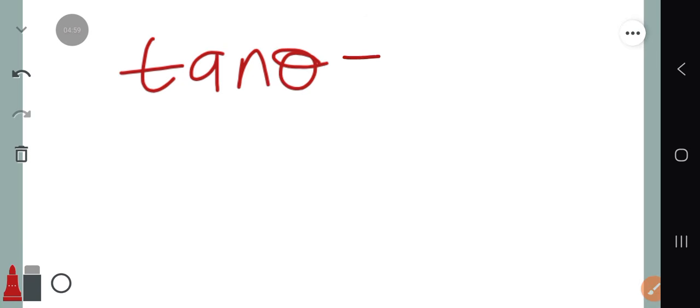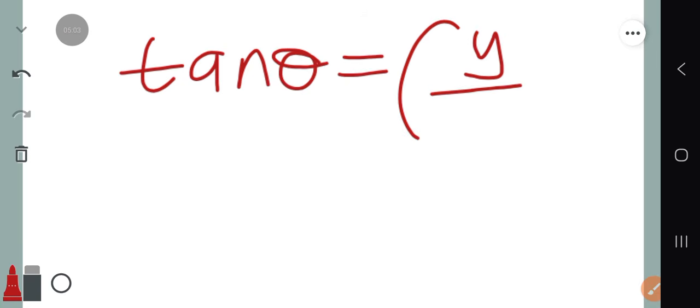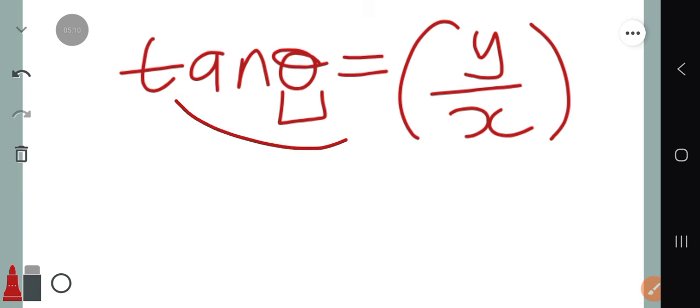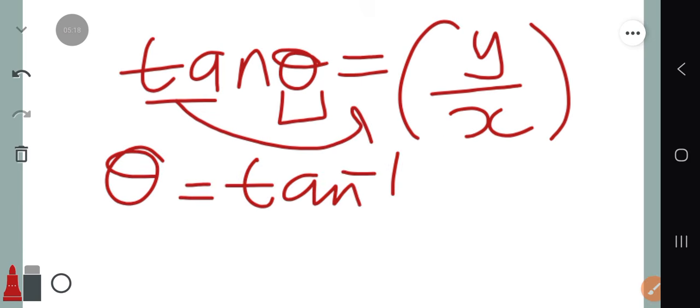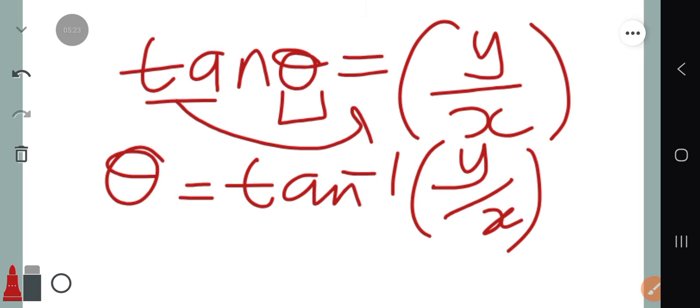To find direction, you are going to use tan. So tan theta equals what? The component of y over the component of x. So to find theta, you take the tan to the other side and find the inverse. So theta equals tan inverse of the component of y over the component of x.